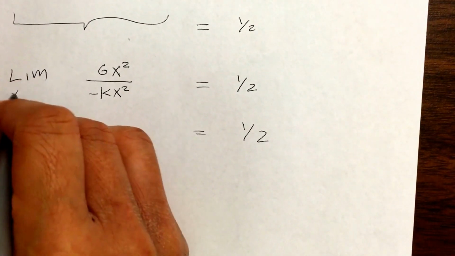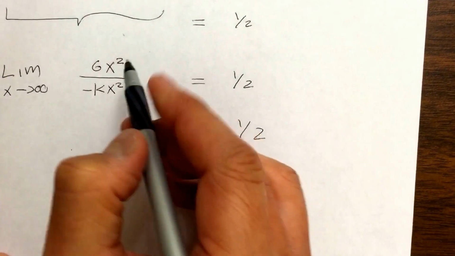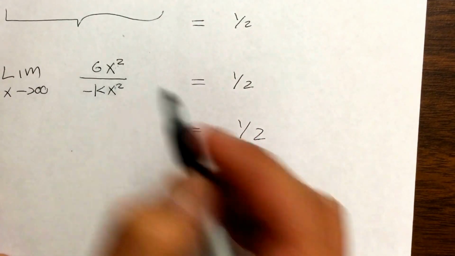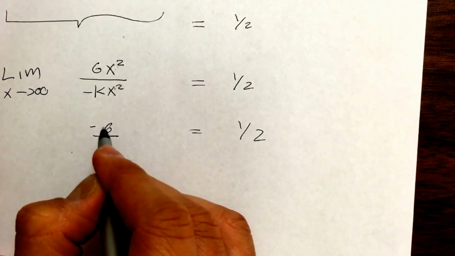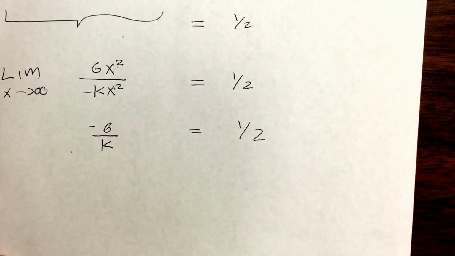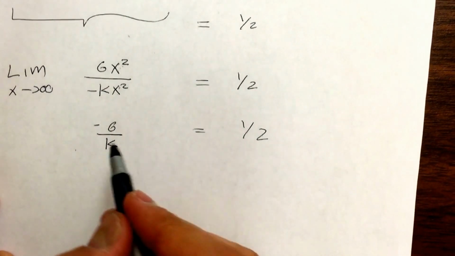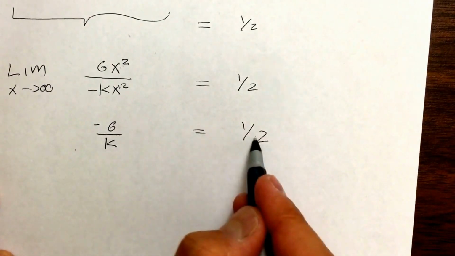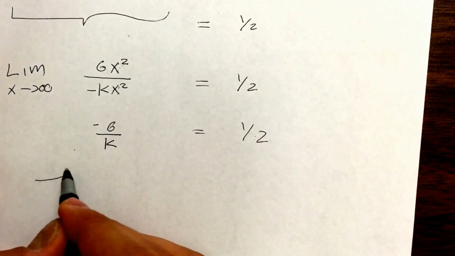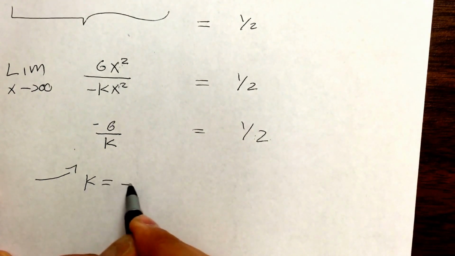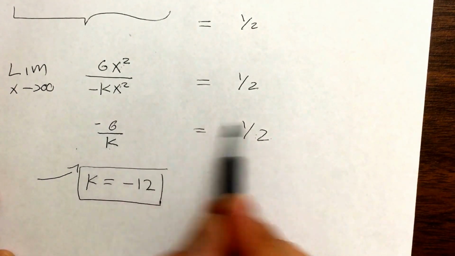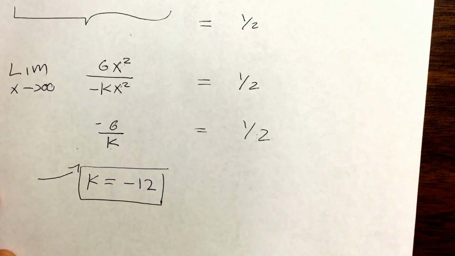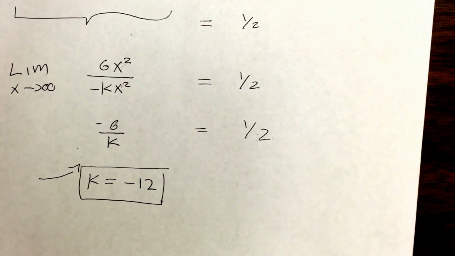And the limit as x approaches infinity, we can continue to cancel out the x squared, and that leaves us with negative 6 over k, or 6 over negative k, it doesn't matter. And we want these two to equal each other, and these two will equal each other when k equals negative 12. Think about it. Negative 6 over negative 12, isn't that 1/2? So you're done. So k has to be negative 12.